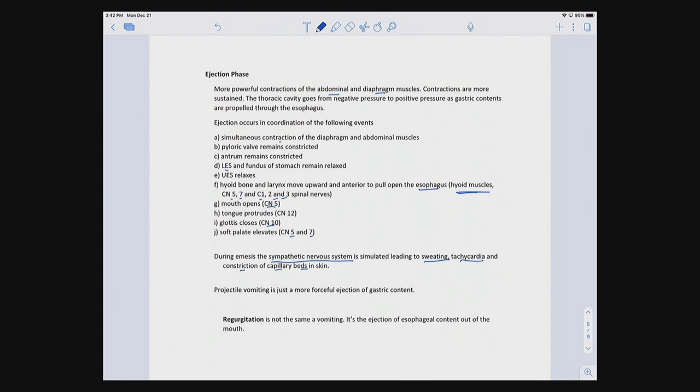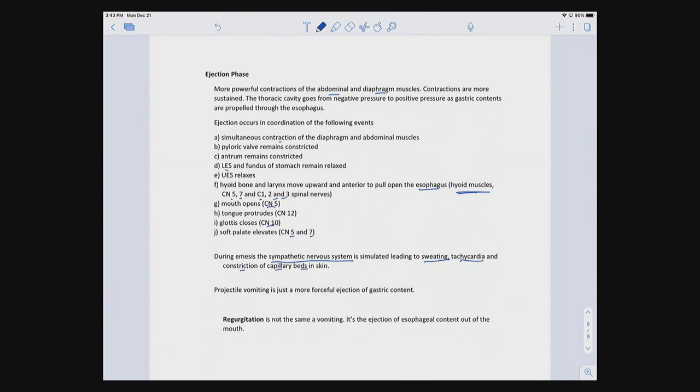So interestingly enough, what you have during the ejection phase is going to be a mixture of both parasympathetic and sympathetics happening at the same time. So my parasympathetic is going to be increasing that saliva production. But at the same time, I'm going to have the sympathetic event, which is going to again be causing racing of heart, sweating, and again constriction of capillary beds in the skin.